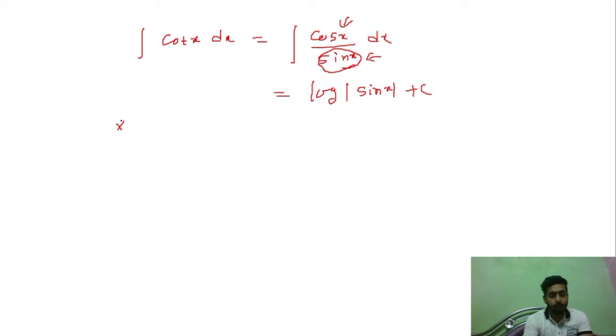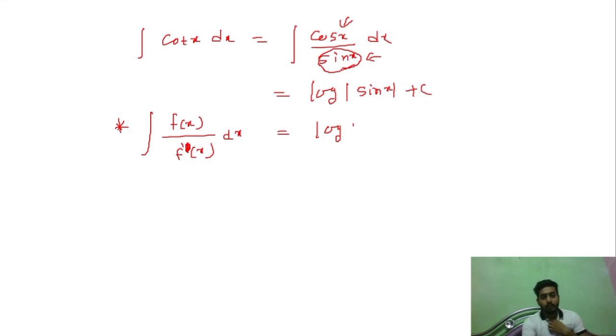So the integration of f'(x) by f(x) dx is equal to log mod f(x). Here the function is sin x, so the derivative of the function, that is f'(x), lies in the numerator. This is the formula to find this type of integration.